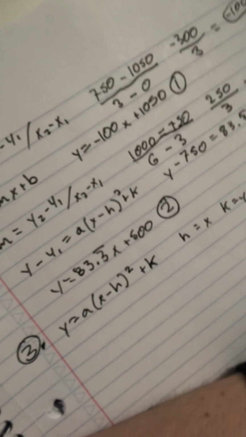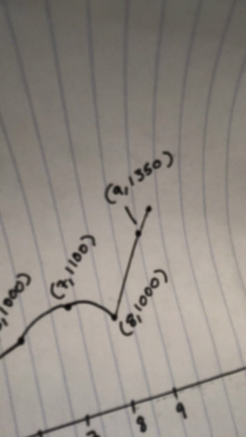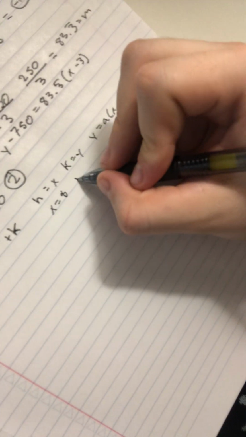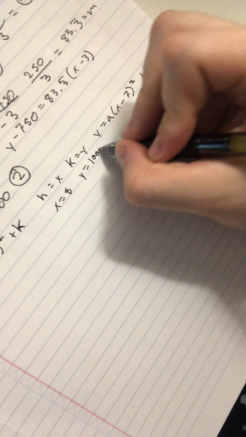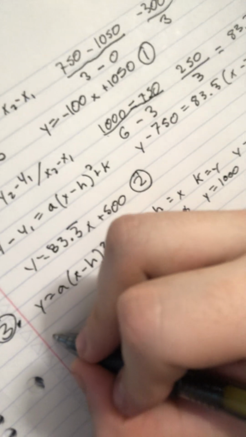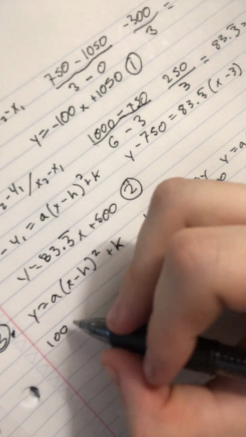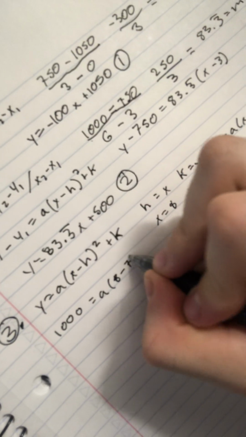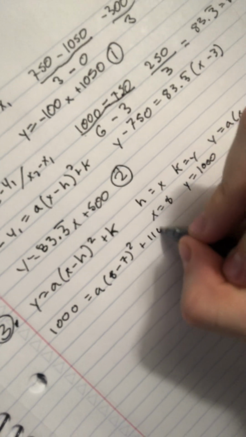So we plug in the next point provided on the graph to finish calculating. The next point there is going to be 8, 1000. So here's our 8. So x is equal to 8 and y is equal to 1000. Now that we have our y and our x, we can fill out the formula, which is going to look like this: 1000 equals a times (8 minus 7) squared plus 1100.